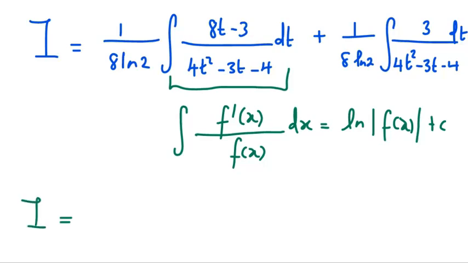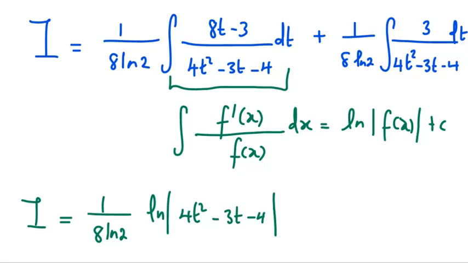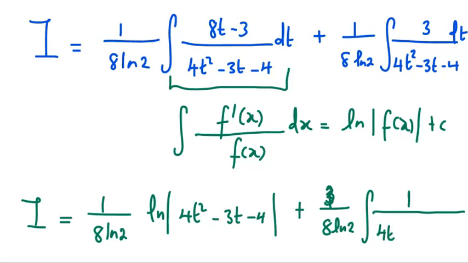So our I is going to be equal to 1 all over 8 times the ln of 4t squared minus 3t and then minus 4. And here plus 1 all over 8 ln of 2, right? Multiplied by the integral of, so we need to write this 3 outside, right? So this 3 all over 8 ln of 2, then we have 1 all over, so this is going to be 4t squared minus 3t minus 4, and we have our dt.